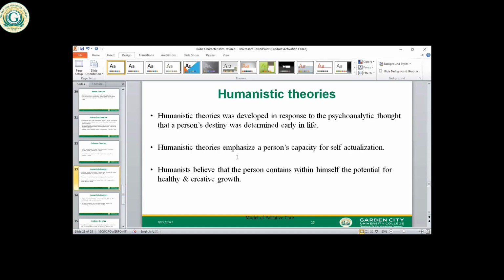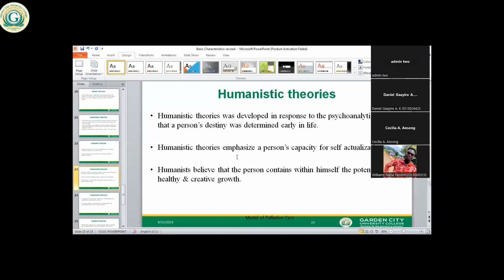So humanistic theories were developed to emphasize a person's capacity for self-actualization. Once you identify a particular potential in you and you work it out, it will bring about self-satisfaction or actualization.